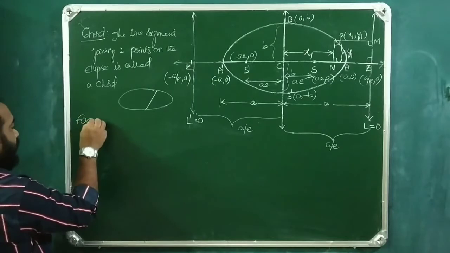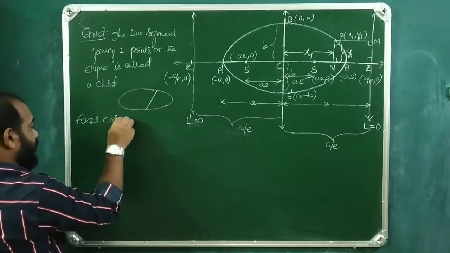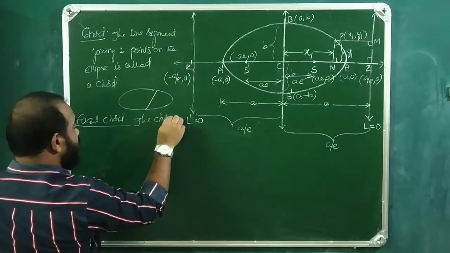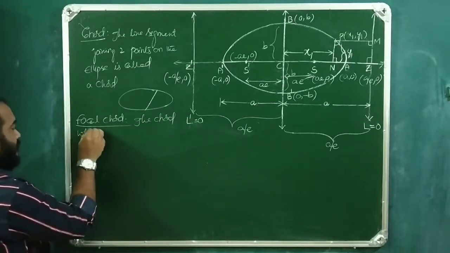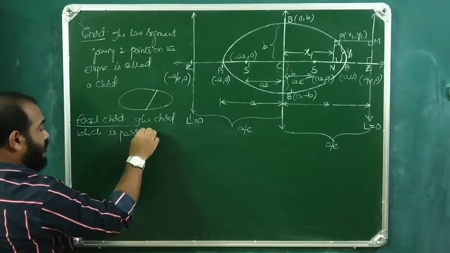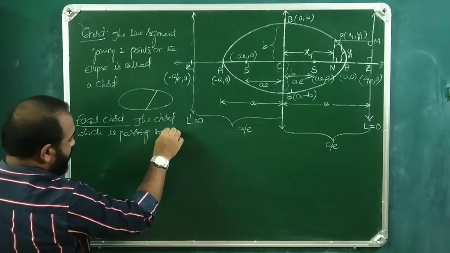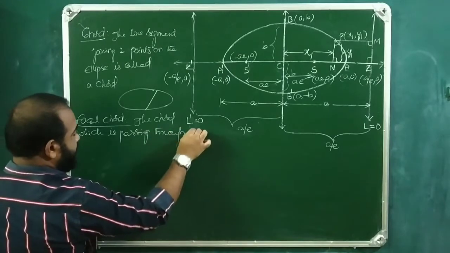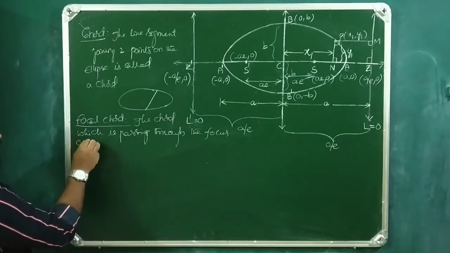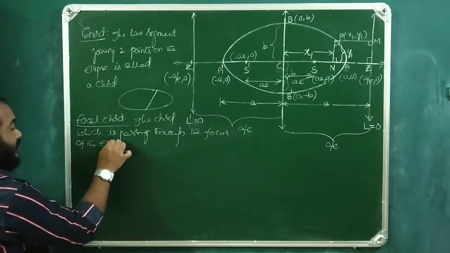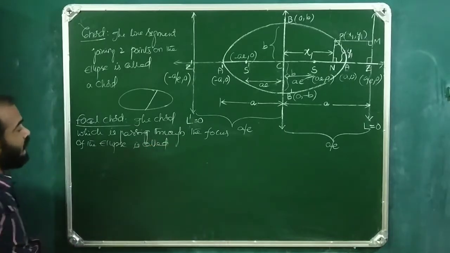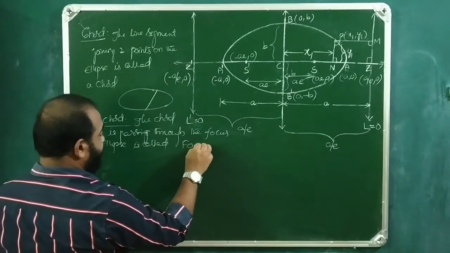Focal chord: the chord which is passing through the focus of the ellipse is called a focal chord.